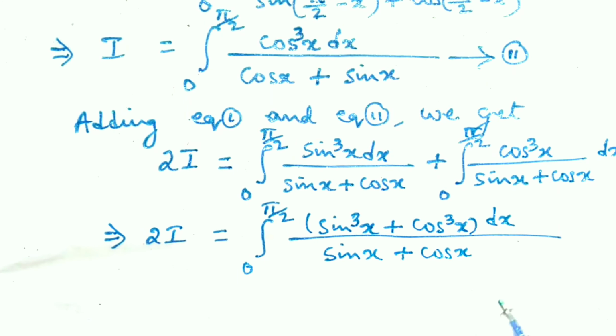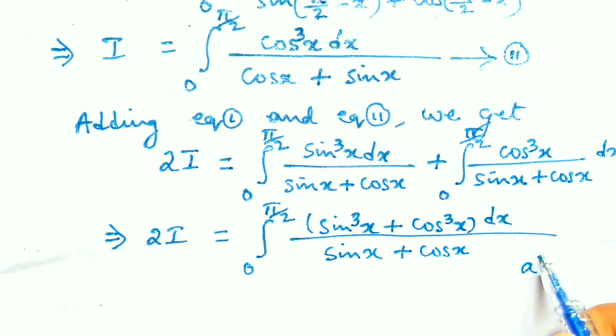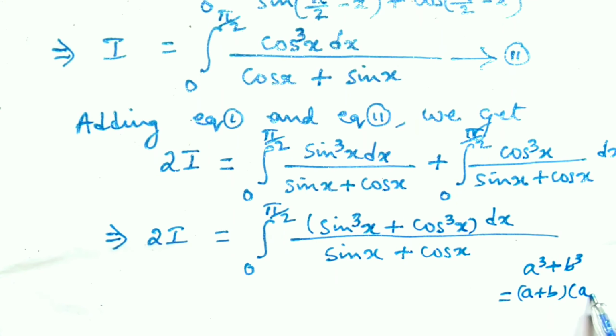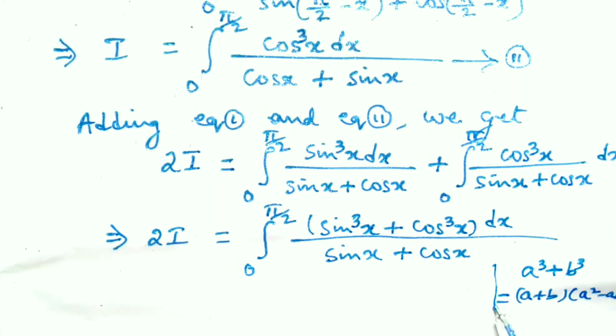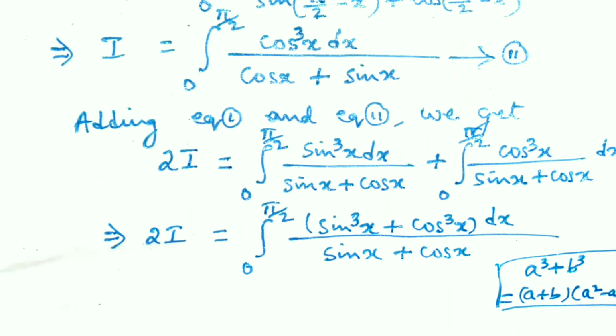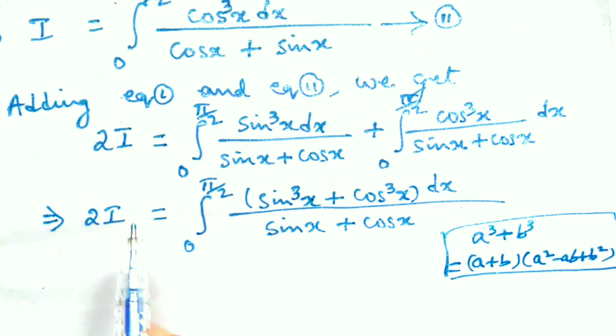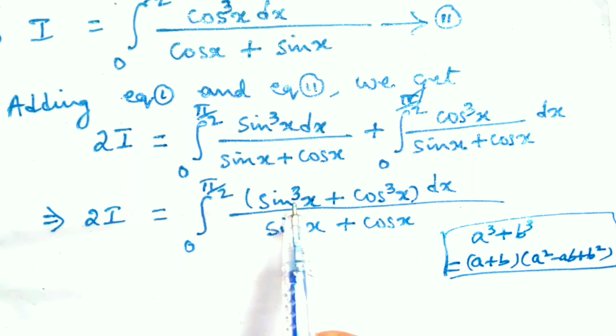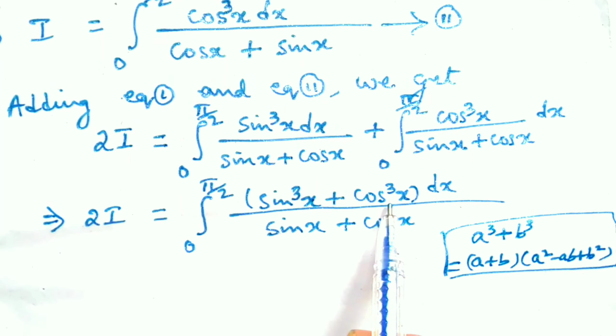Now, we know that a cubed plus b cubed is the same as (a plus b) times (a square minus ab plus b square). So now we use this formula. If we compare this one with this, our a is sin x and our b is cos x.